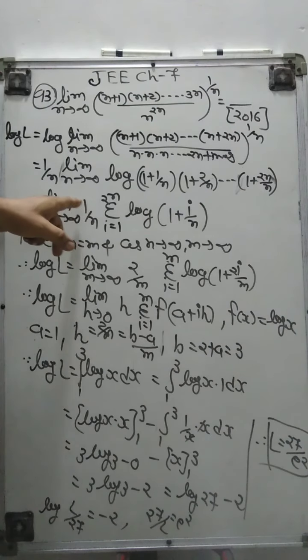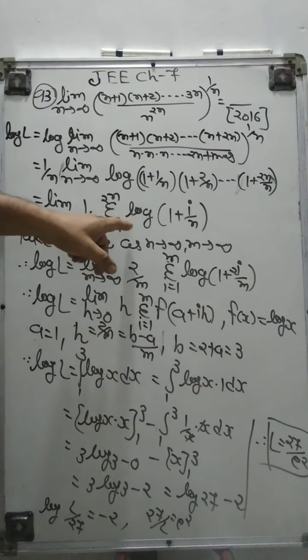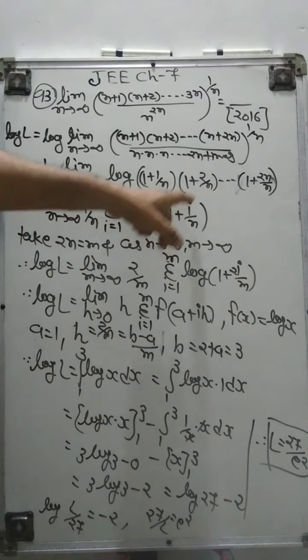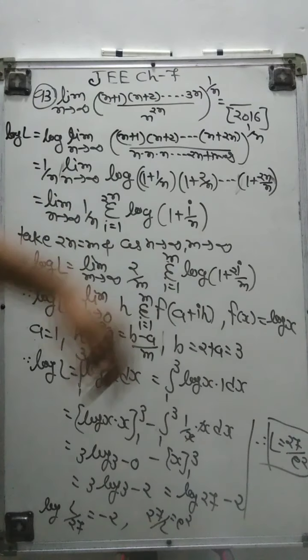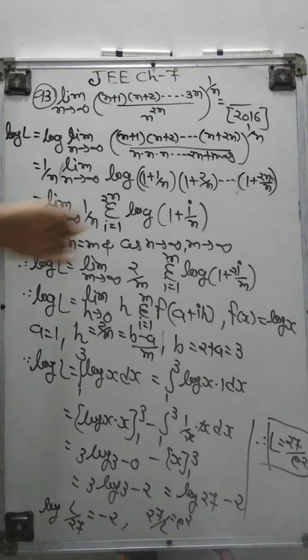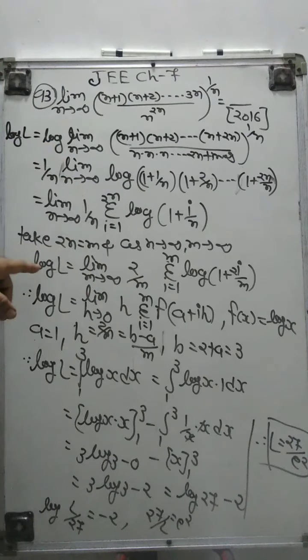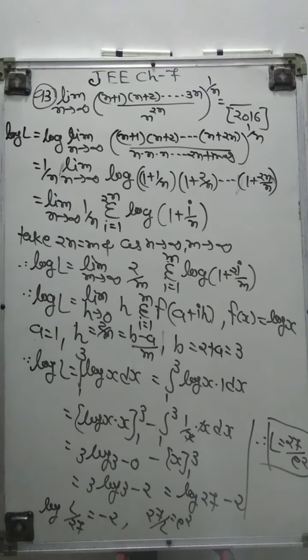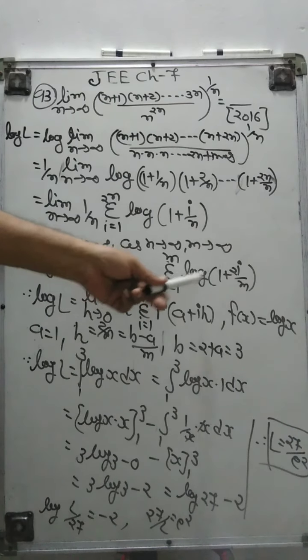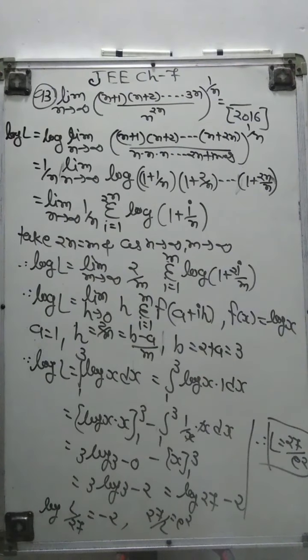Then we get 1 upon n sigma i equal to 1 to 2n log 1 plus i upon n, taking 2n equal to m. As n tends to infinity, m also tends to infinity. We convert all n into m. Log L equal to limit m tends to infinity 2 upon m sigma i equal to 1 to m log 1 plus 2i upon m.